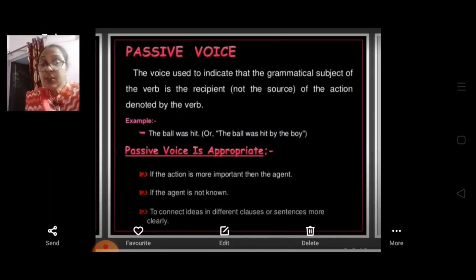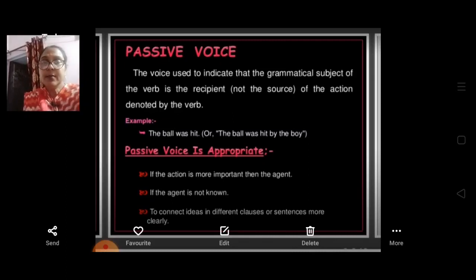Now the features of active to passive voice. Always remember, while changing a sentence from active to passive voice, the following points have to be remembered. First, the object of the verb in the active voice becomes the subject in the passive voice. For example, Naman kicked the ball. The ball was kicked by Naman.